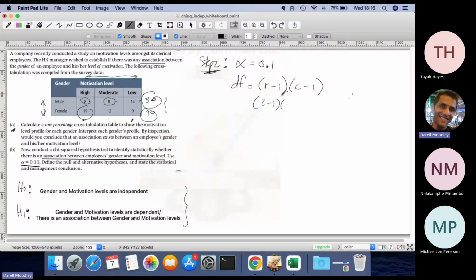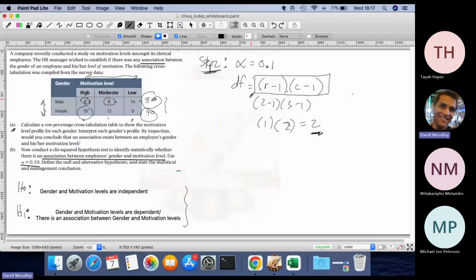And if you work this out, this becomes 1 times 2, which is 2, that's your degrees of freedom. All right, that's how you work it out. All right, so remember, you won't be given this formula, but you need to memorize it. Okay, this is how you determine your degrees of freedom for the test of independence.